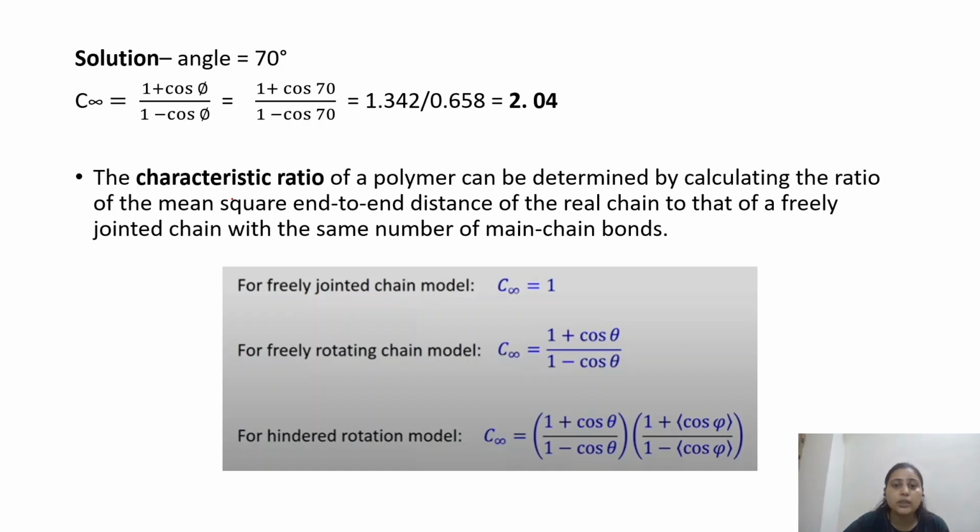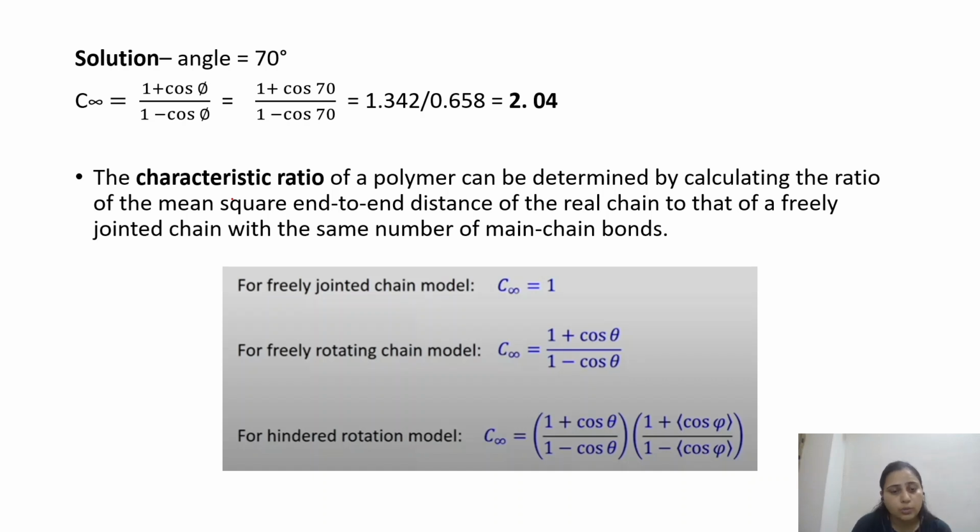As we know, freely jointed chains are basically the ideal chains, and it is the ratio when there is the same number of chain bonds.